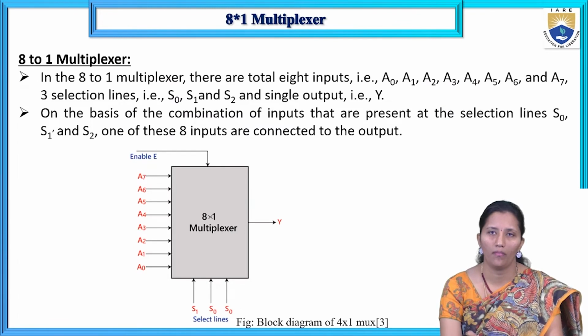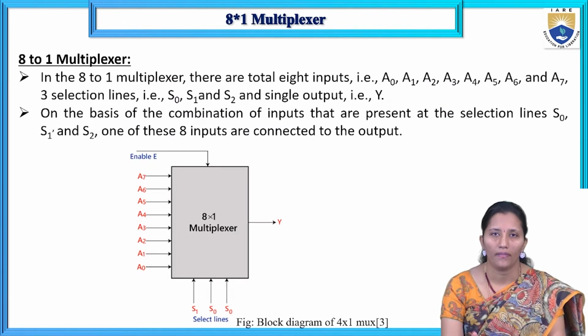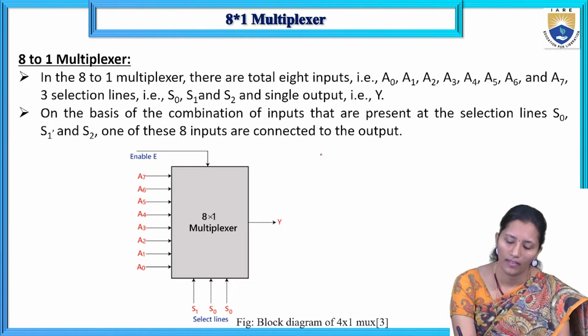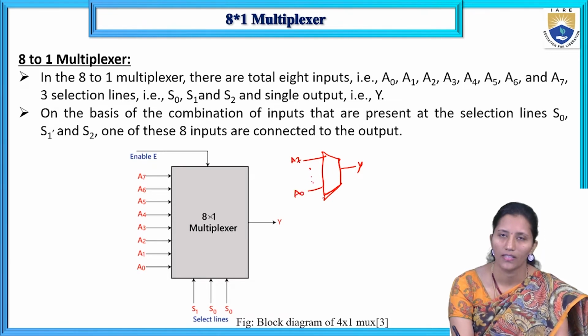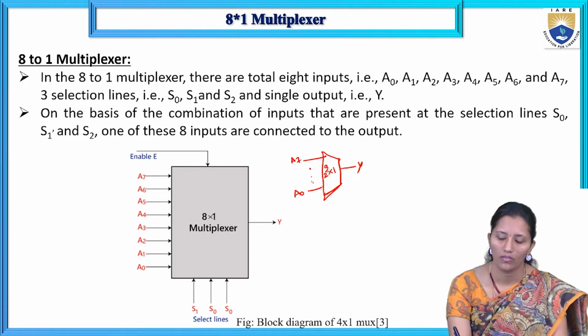Now the 8x1 multiplexer. Already we know the symbol for the 8x1 multiplexer: we get only one output and we have the inputs from A7 to A0, totally 8 inputs. We can write this as 2 power 3 by 1.